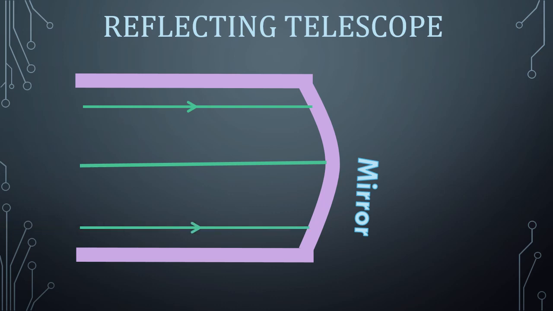These two rays will get reflected from the mirror as shown in the figure and will meet at a particular point. And at that point an image will form. So, in order to view that object, you have to keep an eyepiece at this point, which is very difficult.